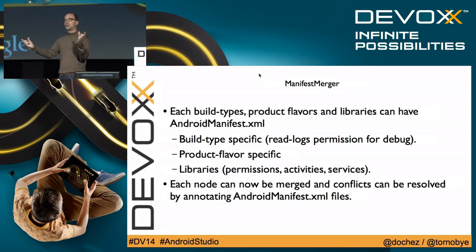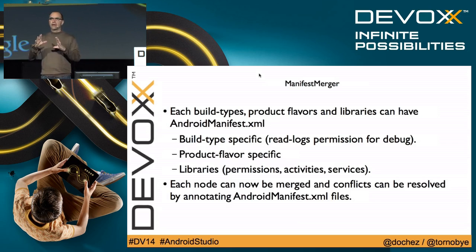So when it's going to start merging nodes, it must look at the identity of this node. It's not only the node type, like permission or activity. That's a node type, but there's also a node key. For instance, an activity has a name, which is the key, right? So when you want to merge nodes together, they must have not only the same type, but the same key. And then you can start merging them.